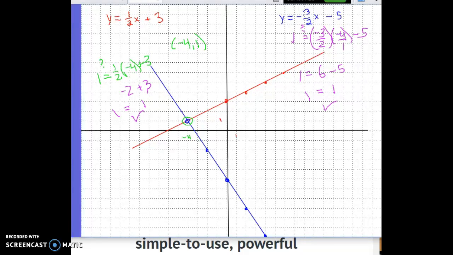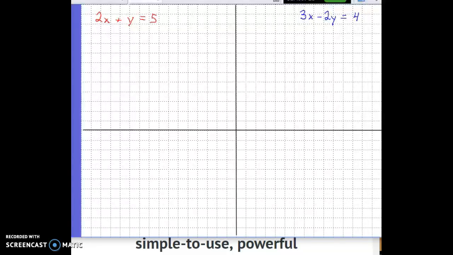Now, let's practice one more, and then you will be experts at solving systems of linear equations by graphing. Again, this is one method, solving a system by graphing. So, to graph these, again, we could make a table of values.